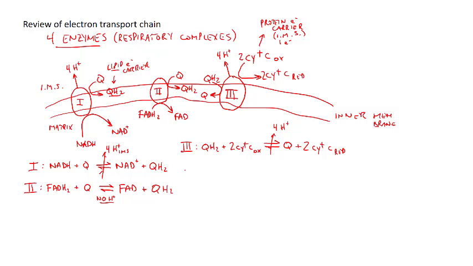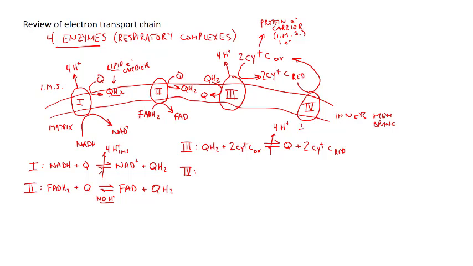All right, lastly, we come to complex 4. Complex 4 is the end of the chain. So what does complex 4 do? It takes our reduced cytochrome Cs and reoxidizes them back to the oxidized form of cytochrome C. And that means it has to do something with the electrons.